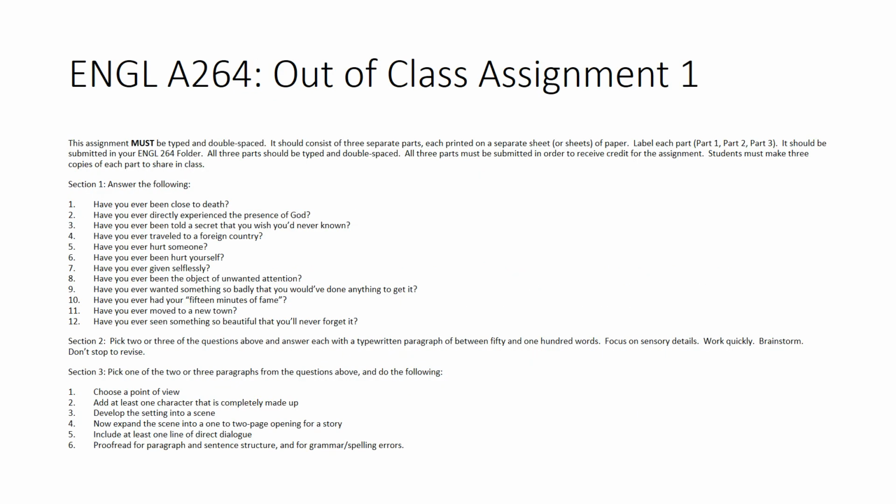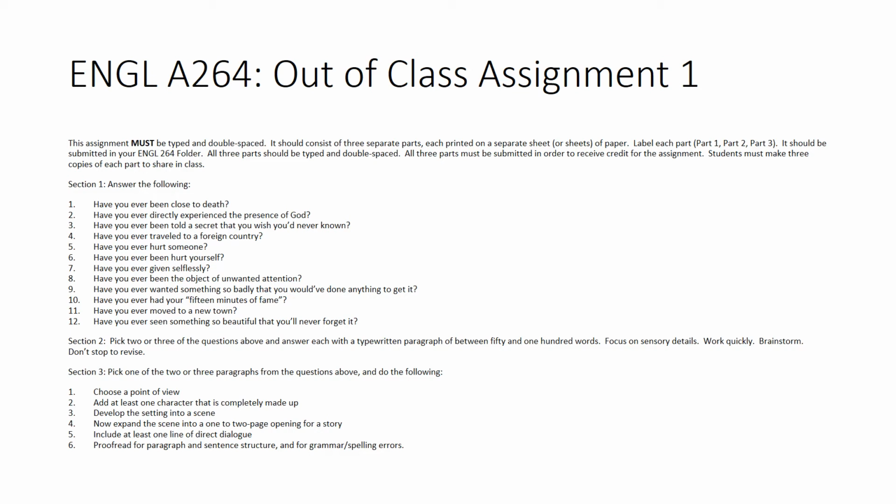So the assignment that I'm sharing with you for this tent talk is for a 3 to 5 page short story. And the assignment is designed for the student to move from brainstorming through to free writing, through to the purposeful organization of details into an opening scene. If you'll look at section 1, it's a series of questions designed to show each of these students, even though they're 18, 19, 20 years old, that they've lived fiction-worthy life experiences that they can mine to make stories out of.